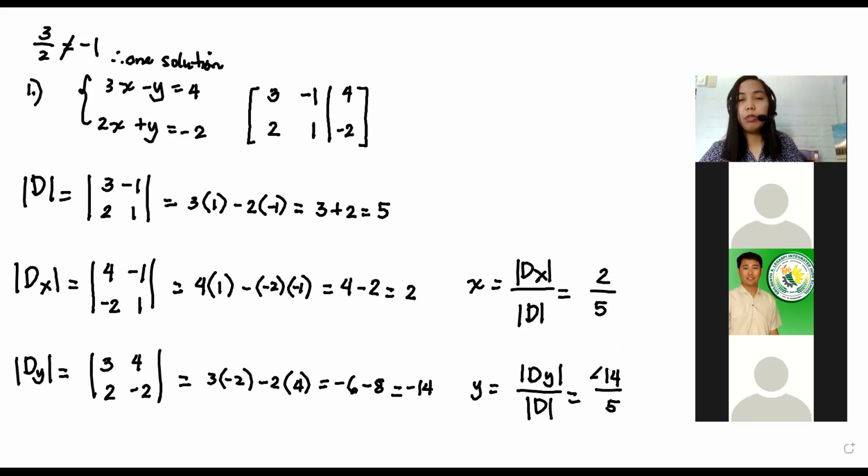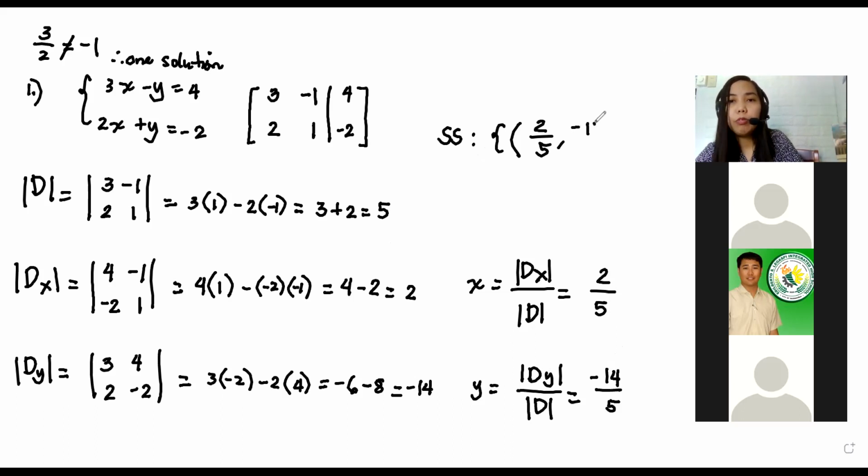Simplify if you can. So therefore, the solution set is 2/5 and -14/5.